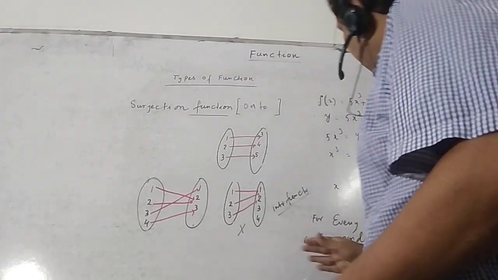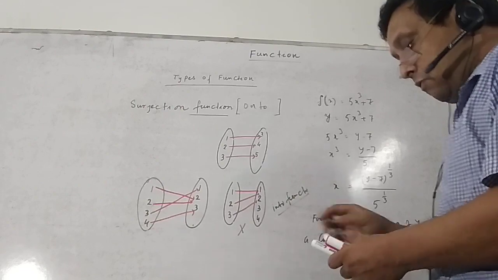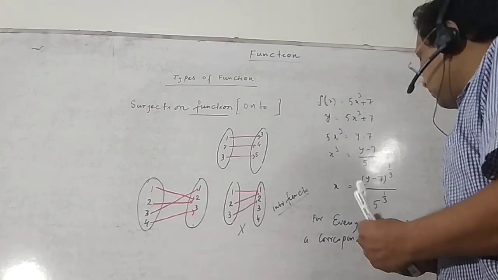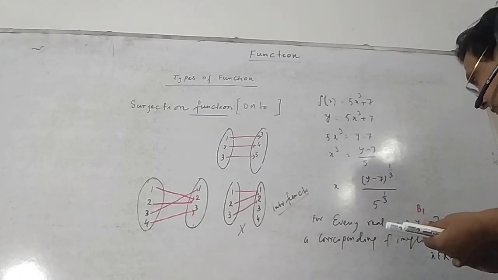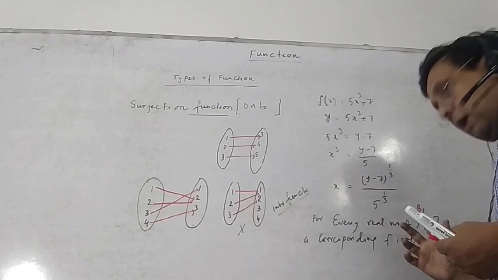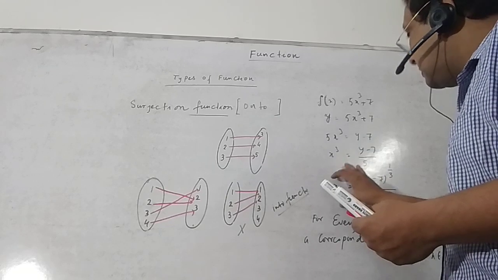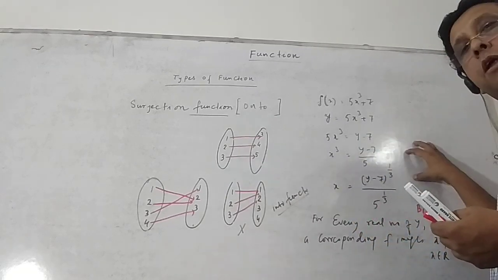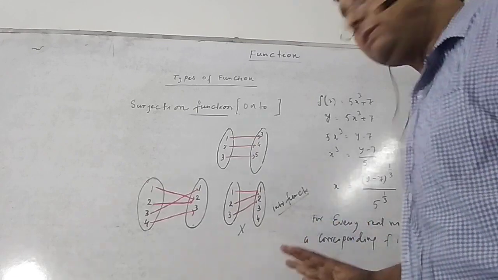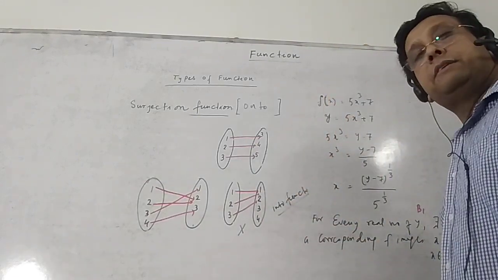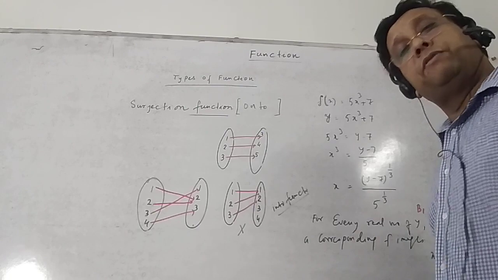If we explain this way, then only can you get 1 mark. Remember that this statement must be written everywhere after expressing x like this. So here you get 1 mark, and here also 1 mark. So 2 marks for testing the surjectivity. In this way you will follow in ISC and also in CBSE.